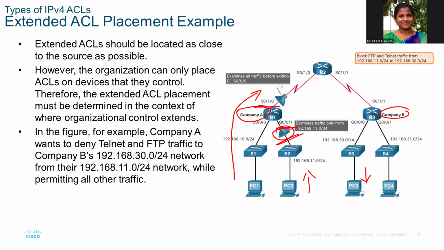With an extended ACL, you can have FTP or telnet protocol based, or TCP based, UDP based. And thirdly, where are you going to place it, inbound or outbound? Based on the requirement and your network topology, you have to think about whether it is inbound or outbound. Now in the next video, we'll see how to configure the access control list.